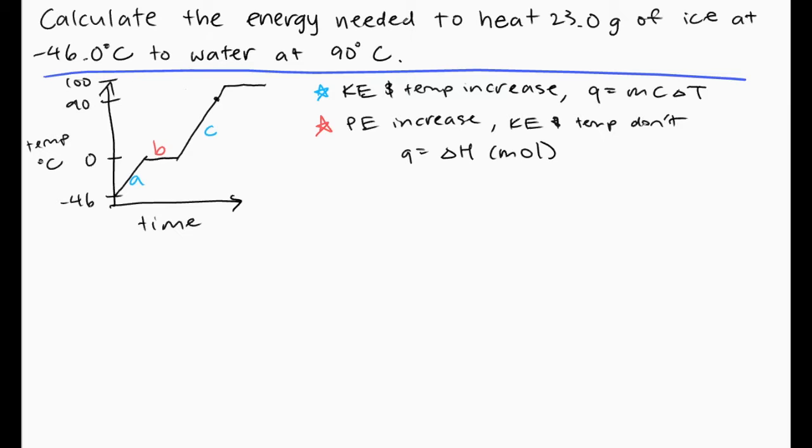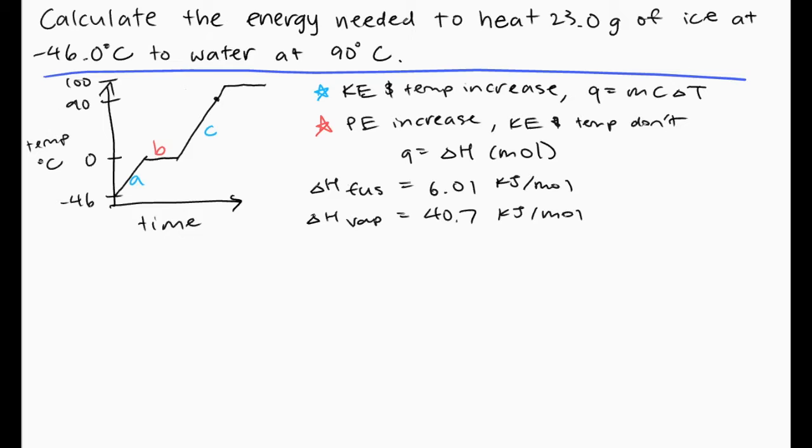And we have multiple delta H's. We have the delta H of fusion, which is when a solid turns into a liquid. And for water, this is 6.01 kilojoules per mole. And delta H of vaporization, which is liquid turning into a gas, which is 40.7 kilojoules per mole for water.